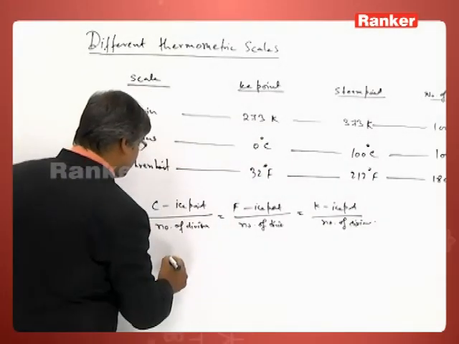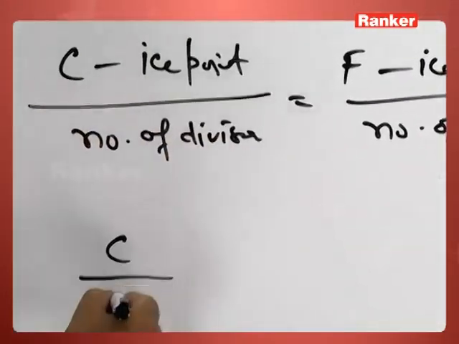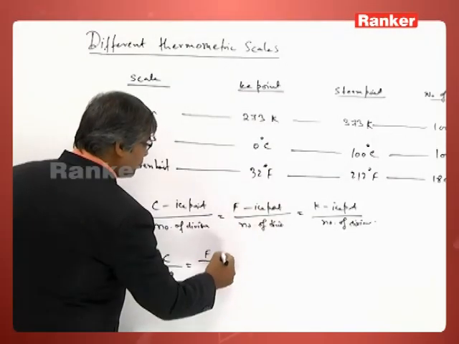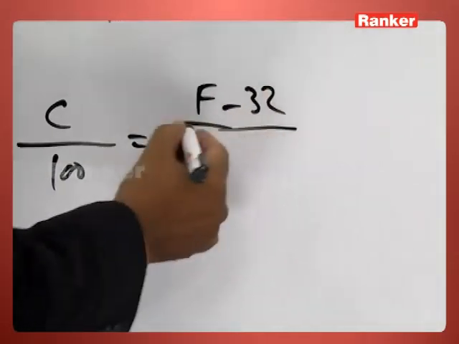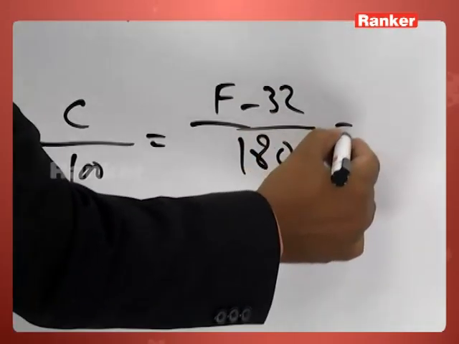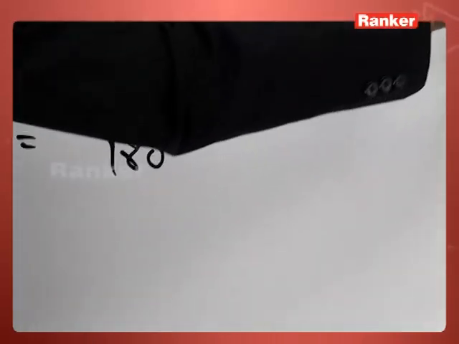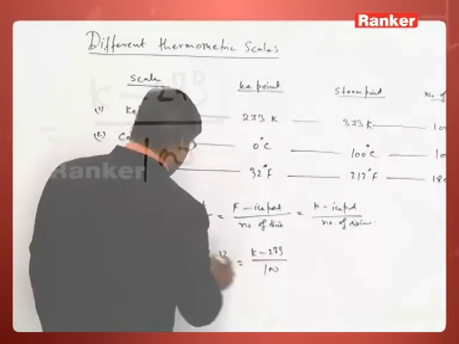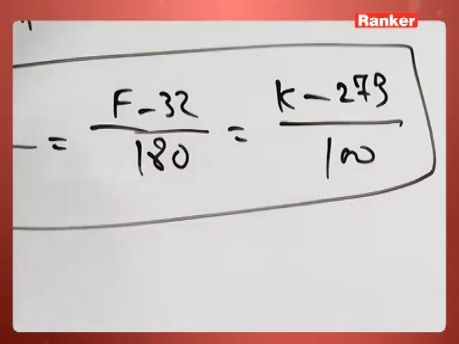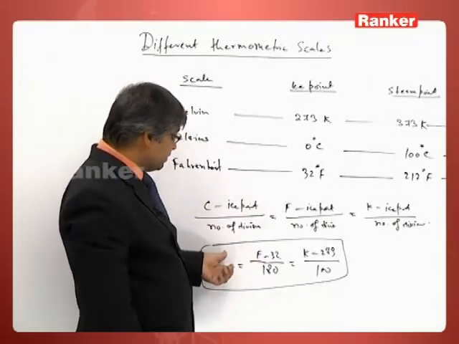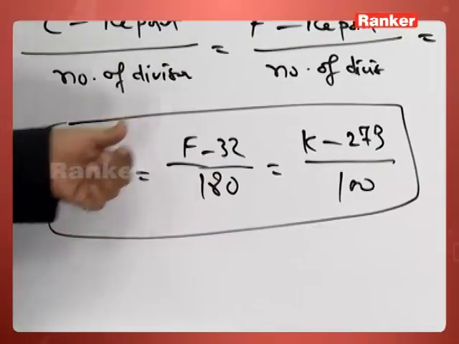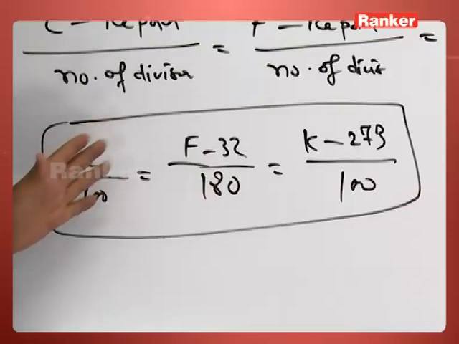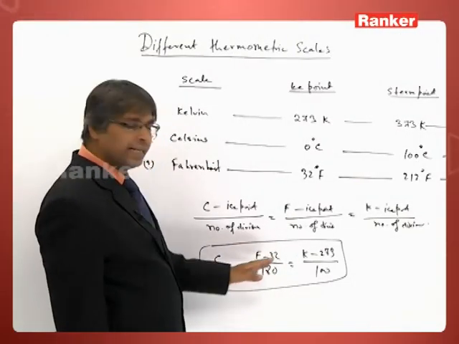So with ice point 0, C by 100 is equal to F minus 32 by 180, is equal to Kelvin temperature minus 273 by 100. This is the formula by which I can convert a particular temperature in centigrade and express it in Fahrenheit or in Kelvin. This is how we can convert between the different scales.